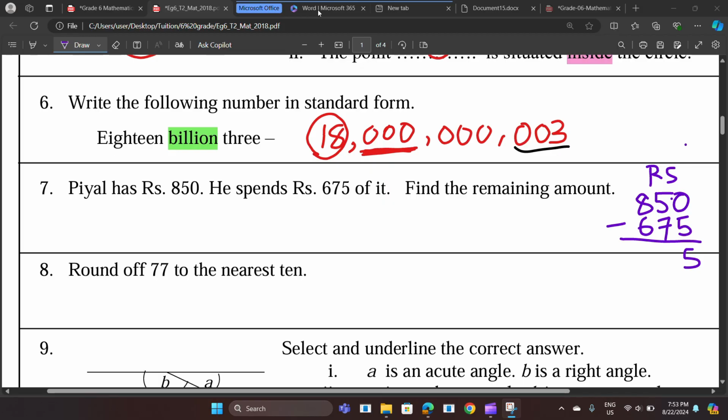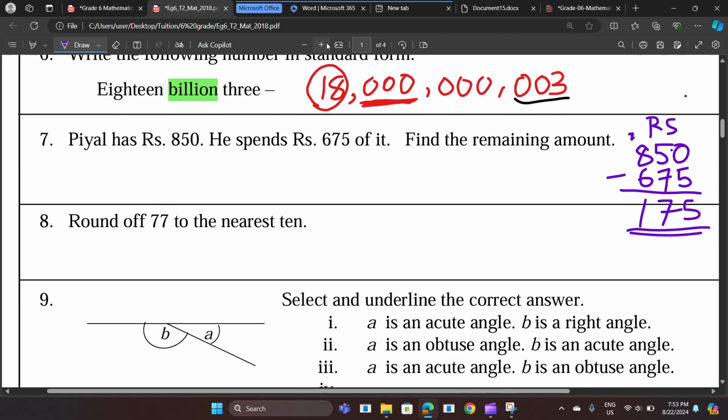So we have 14. 7 from 14 is 7, and here there is only 7. So 6 minus 7, 1. Okay, so the answer is 175 rupees, the remaining amount.